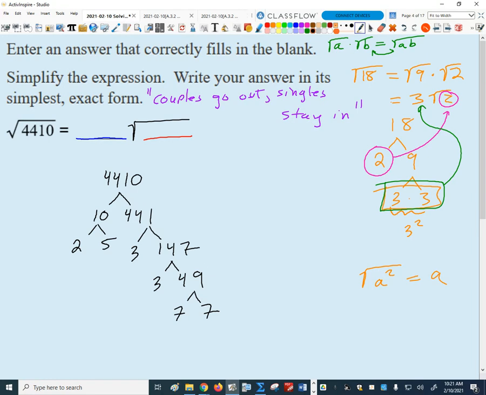How come? Because it's a perfect square, right? So you know you're getting a couple right out of that perfect square. It's always nice if we can get perfect square factors in there.